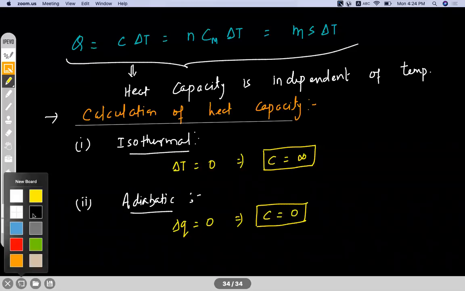Now the third one is isochoric process. What is isochoric process? Volume constant. Yes. So we have volume constant. Okay.